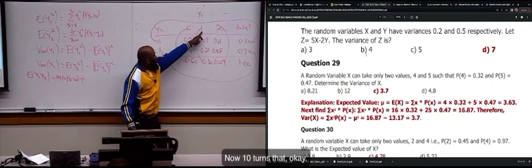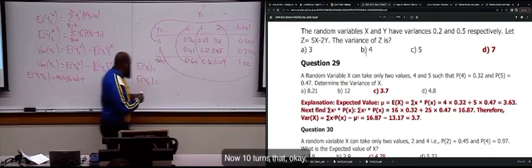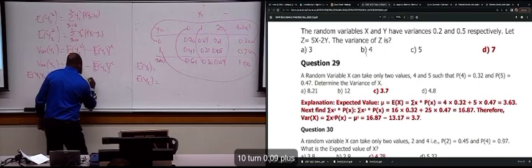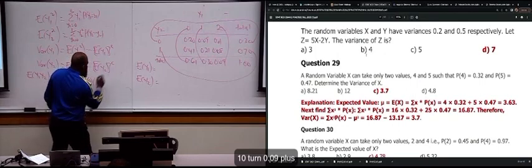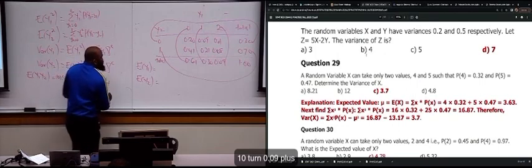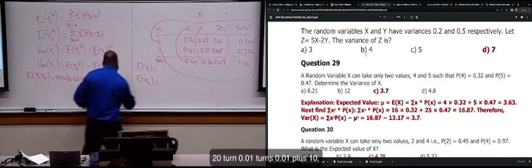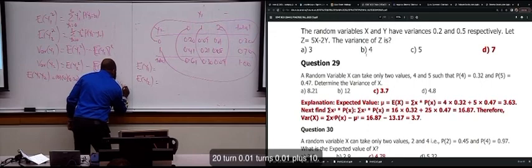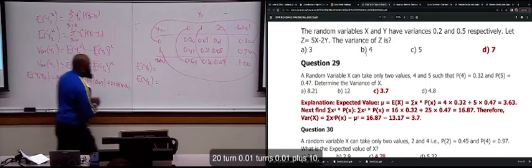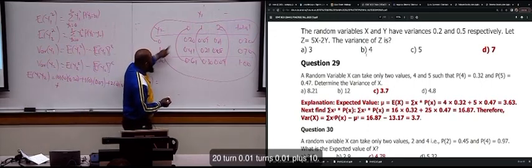Now, 1, 0 times that. 1, 0 times 0.09 plus 2, 0 times 0.01 plus 1, 0.